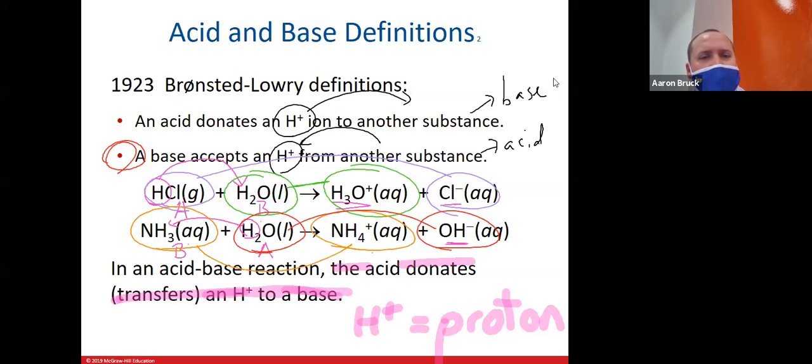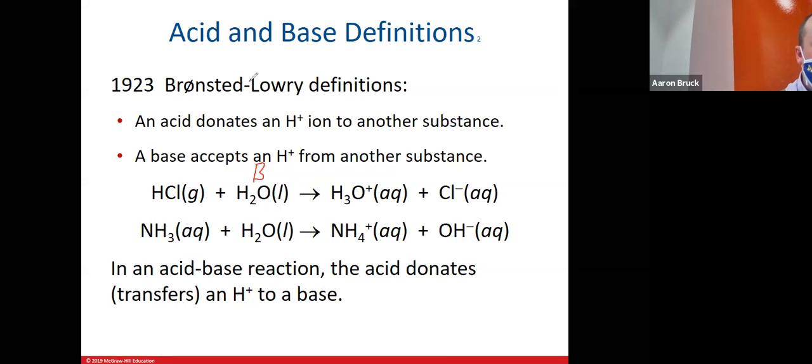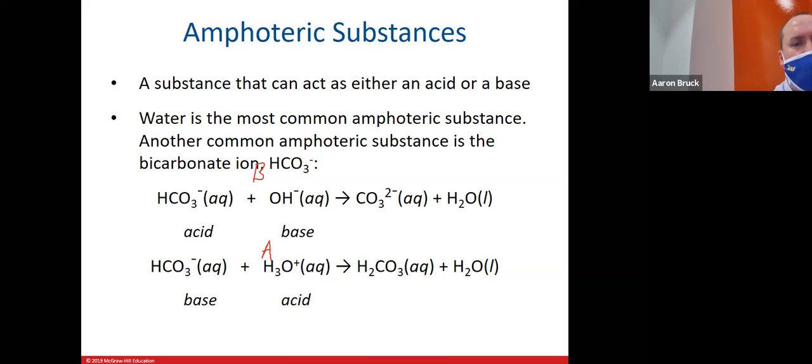All right. There's one other property I want to point out here. Notice that in this particular reaction, water was acting as a base, but in the one on the bottom, water was acting as an acid. This is a property known as amphoterism.